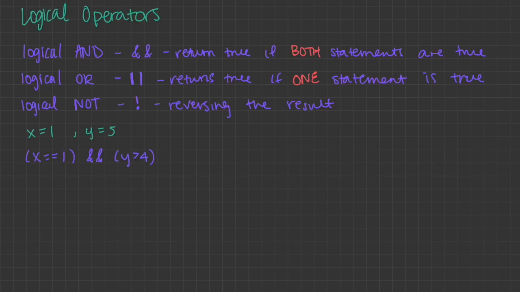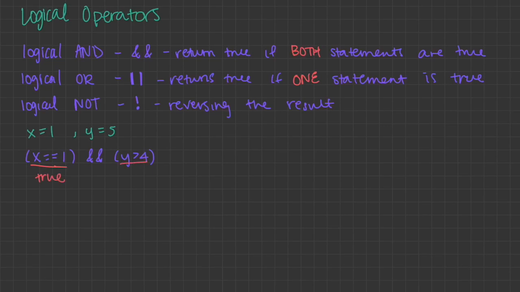The way we look at these and the way we evaluate them is similar to PEMDAS. So there's an order of operations here. And we want to evaluate things inside of the parentheses first. So let's look at x is equivalent to 1. And that's true because x is 1. Now let's look at y is greater than 4.